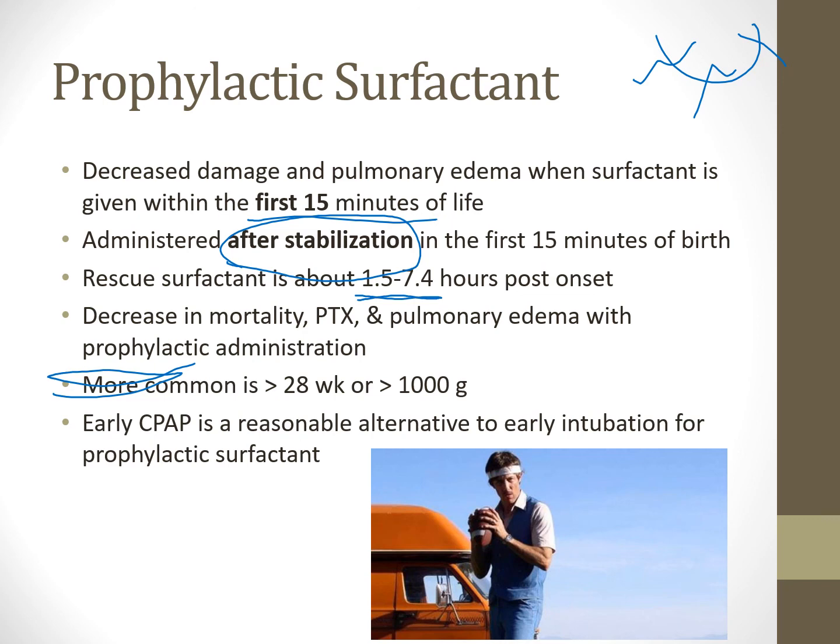The idea there is the risk versus benefit. If a kid has a laryngeal web and they can't be intubated, well, how are you going to give them the surfactant? When we're looking at a lot of these different situations, CPAP is considered a reasonable alternative to early intubation for surfactant replacement therapy.